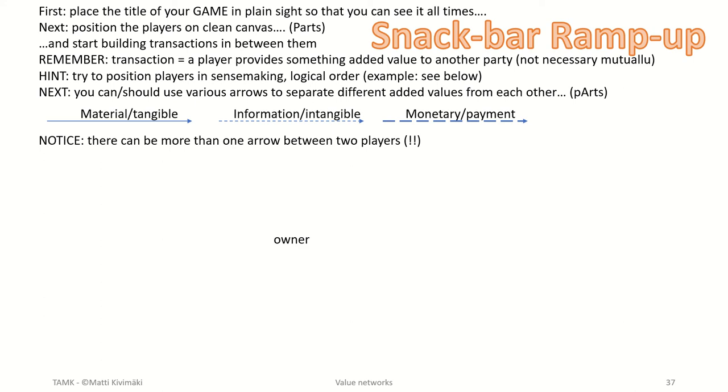I have decided that since the game we are playing is Snack Bar Ramp Up, it should be examined or observed from the perspective of an owner. So I decided to place the player owner in the middle.